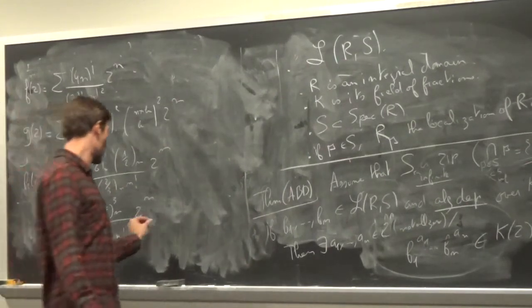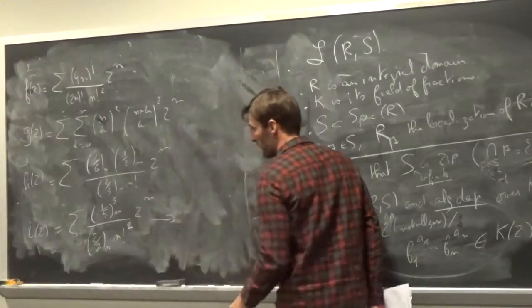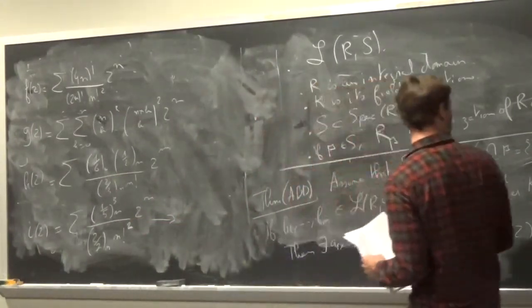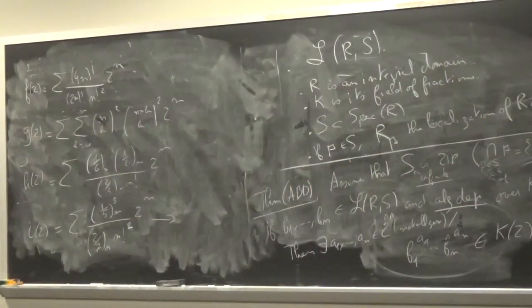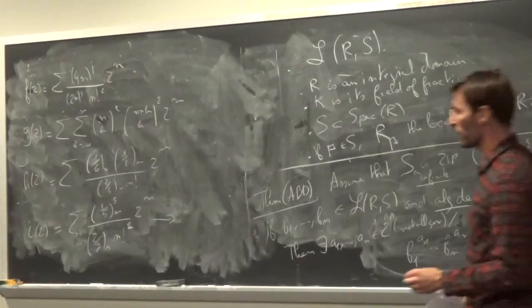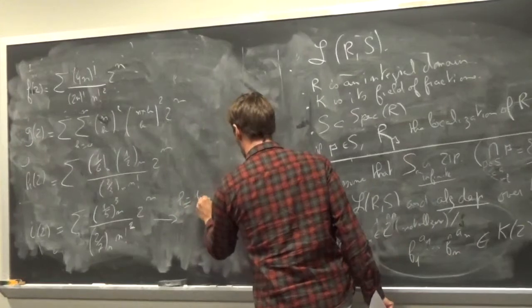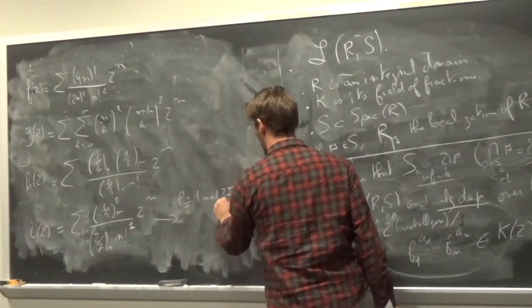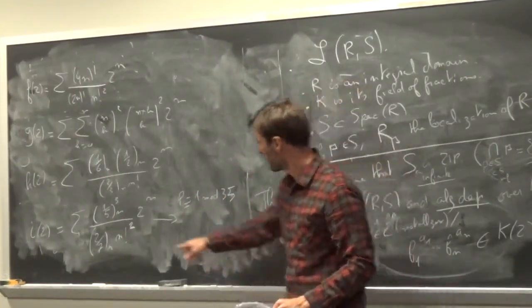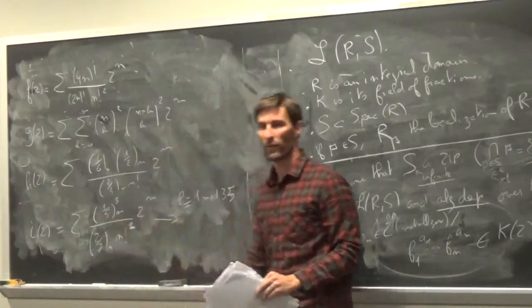So for this one, for instance, we will get an equation like this only for the primes that are congruent to 1 mod 35. So 35 from 7 times 5.